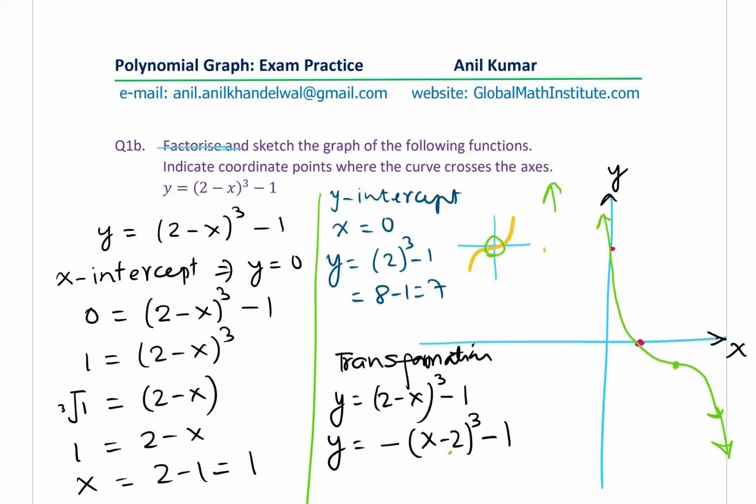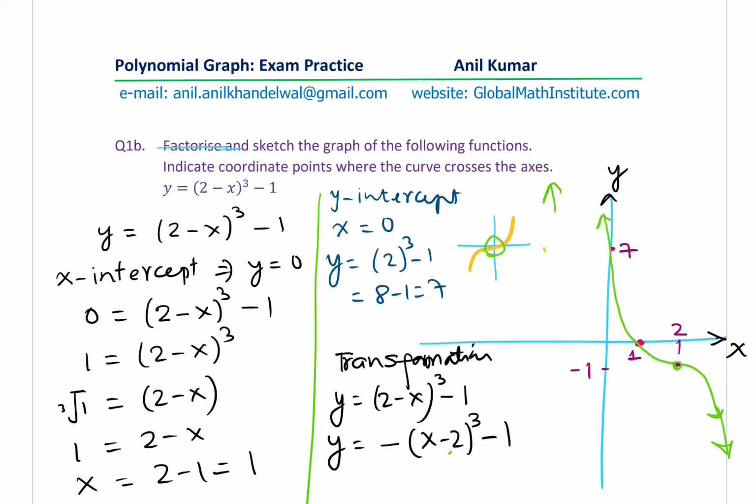Perfect. That is how it is going to be. And this is the saddle point, which is at (2, minus 1). X-intercept being at 1, y-intercept at 7. Do you see that part? So we have done this with transformations.